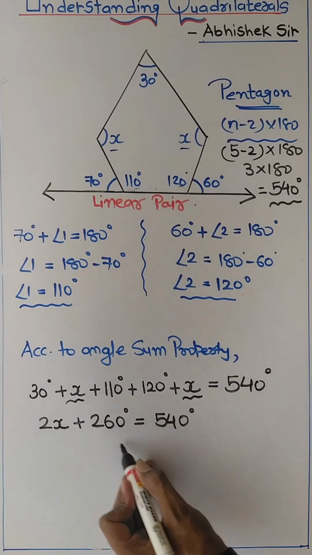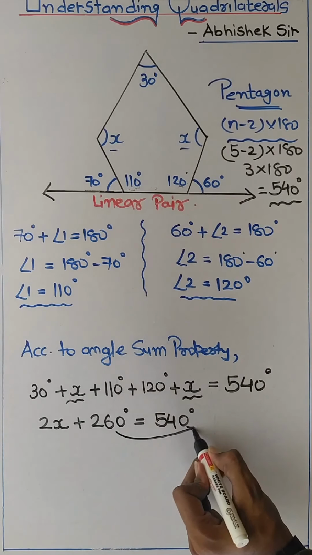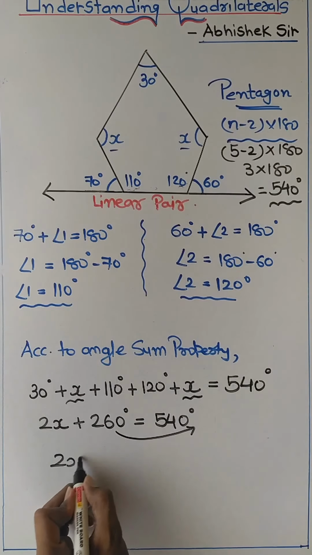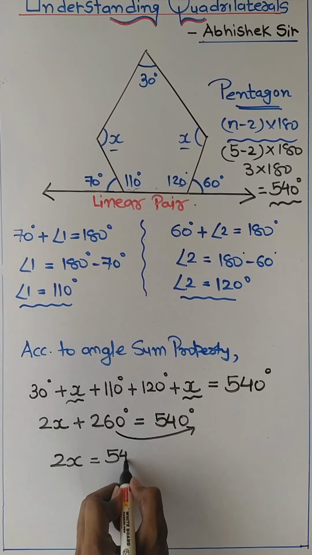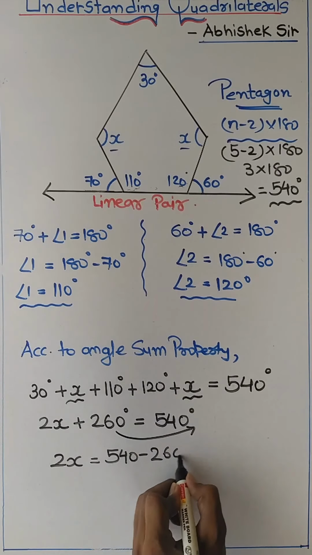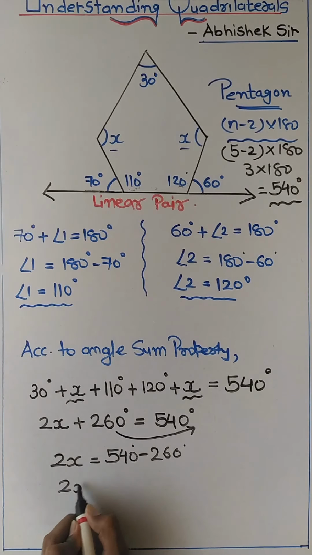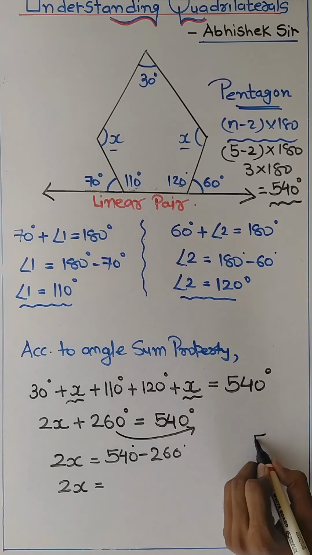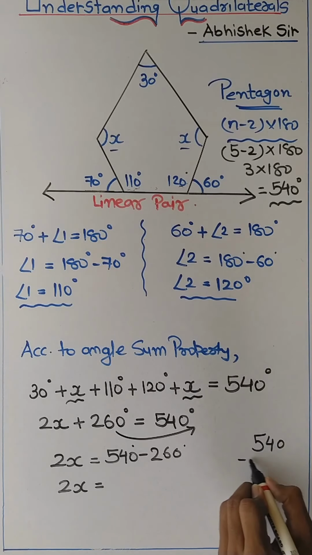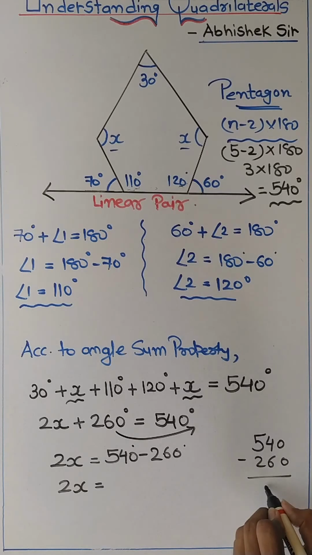So taking 260 to the other side, it will become minus. So we have 2x equals 540 minus 260, right? So 540 minus 260 is 280. You can do the calculation on this side, 540 minus 260, and you will get the answer 280.